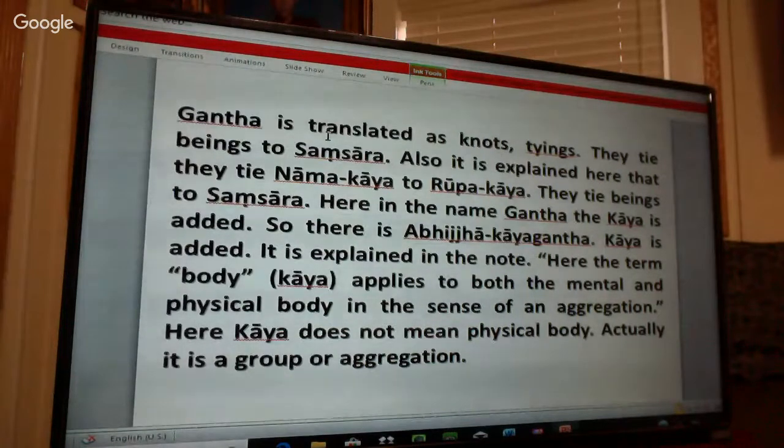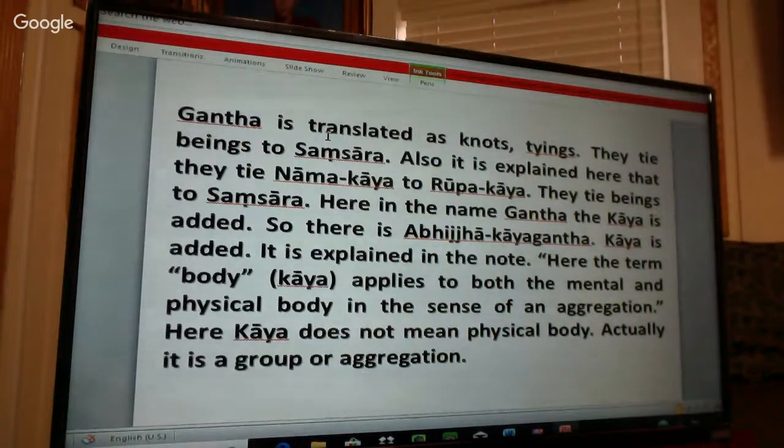Kaya here is aggregate. So they tie Nama and Rupa. Because of Nama, Rupa arises; because of Rupa, Nama arises. Like this, it never ends. Nama conditions Rupa, Rupa conditions Nama. So like this, rolling in samsara.